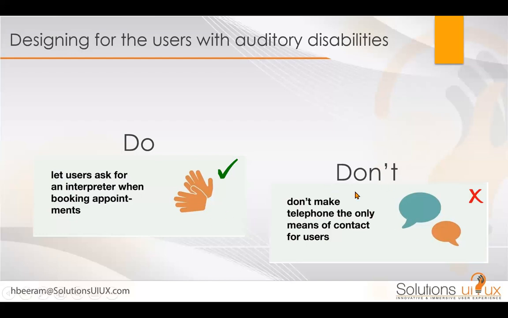And don't make telephone the only means of contact for the users. I've seen this in lots of websites, especially startup companies, and they do not give good addresses. They do not give phone numbers. They only have chatting, and then there's no response, or not accessible websites. So all this is going to add up, so your SEO is not going to pick up.